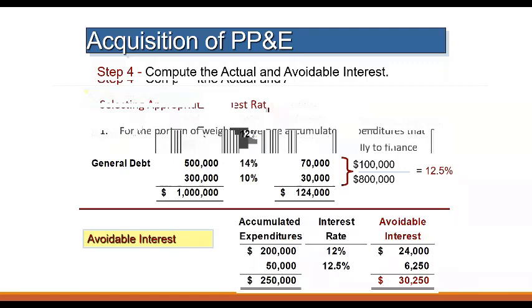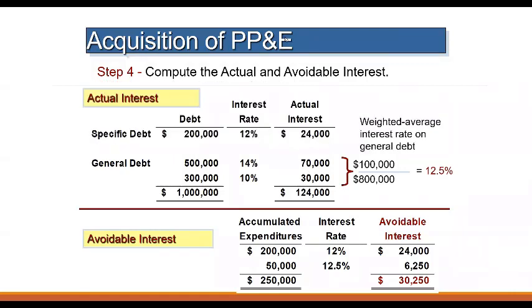And the general debt: we have two other debts. The first one, 500,000 at 14%, is 70,000. And the 300,000 at 10% is 30,000. So the actual cost here is the total of all three numbers, which is 124,000.